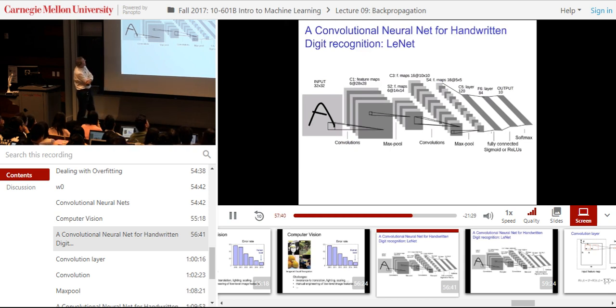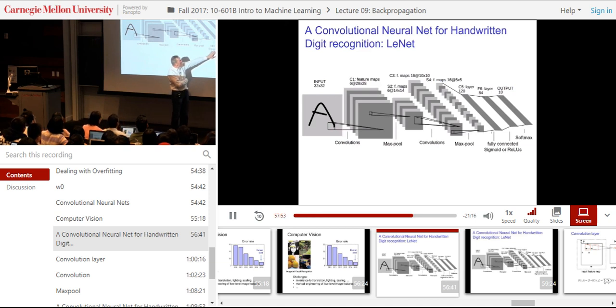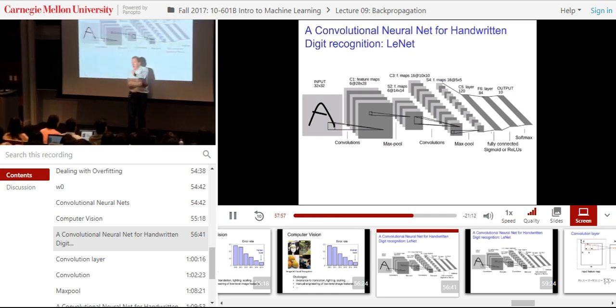Okay, so now what is a convolutional neural network? It's an architecture that looks like this. Some of these things are familiar to us already, like it ends with some layers of fully connected sigmoid or rectilinear units, just like we've been working with.